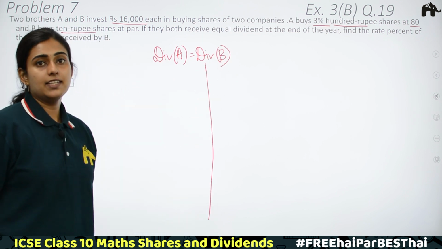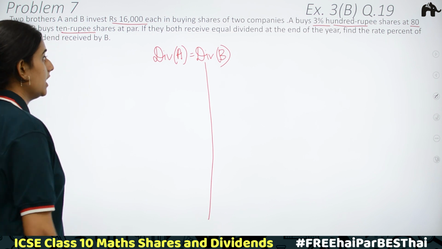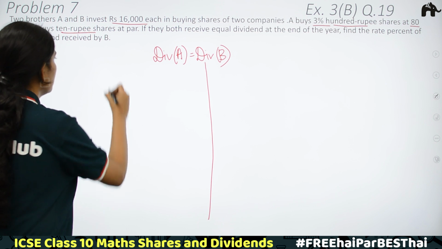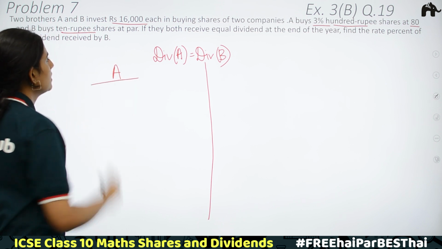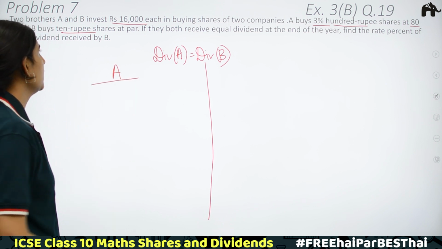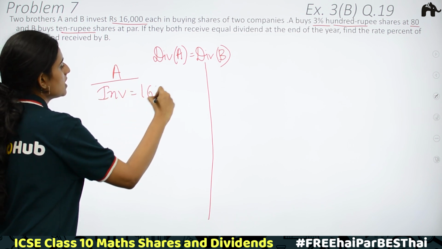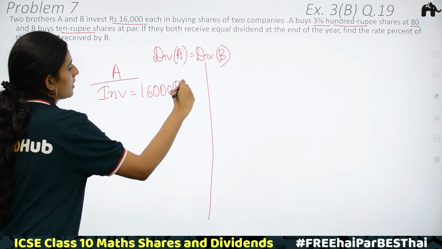We can calculate the dividend of A in order to find the dividend percentage of B. Let's start. For A, the given quantities are, the total investment is given. Investment is equal to 16,000 rupees.